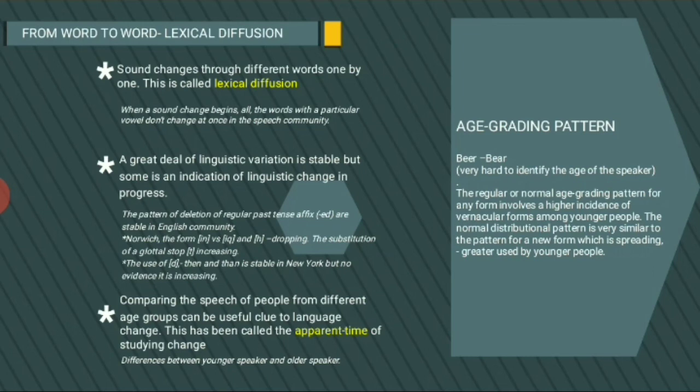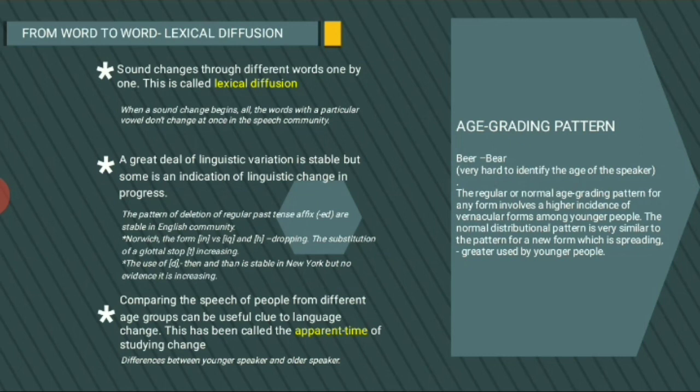And then the age grading pattern, so I put an example like beer and bear. It is very hard to identify the age of the speaker. So this means that when an old person speaks, he or she probably says, please bring me a glass of beer, and probably says, oh, that's a big bear.